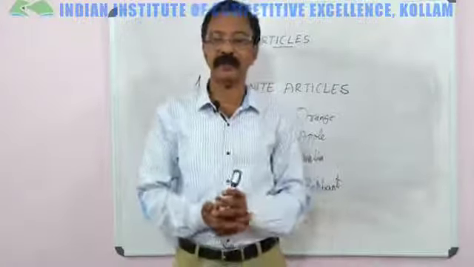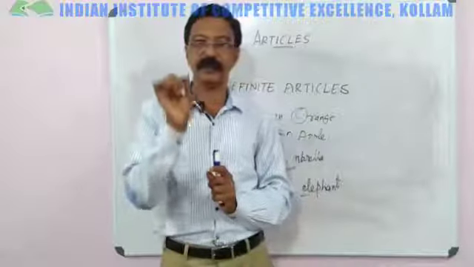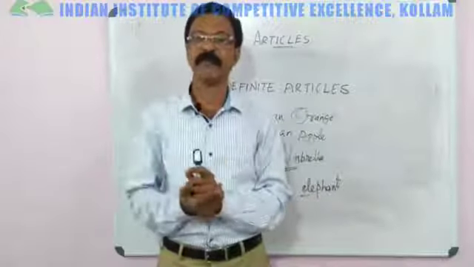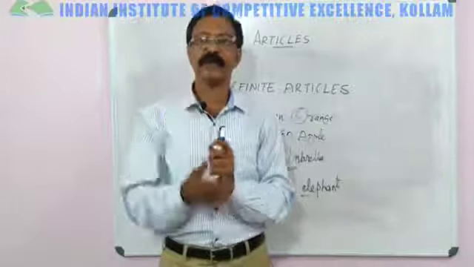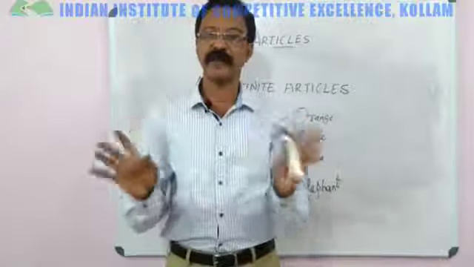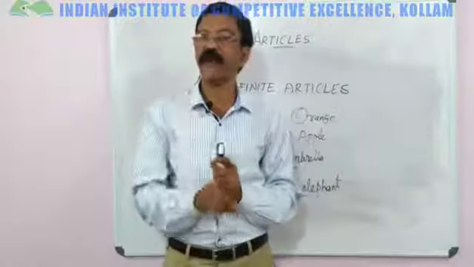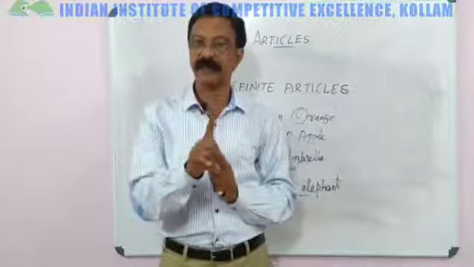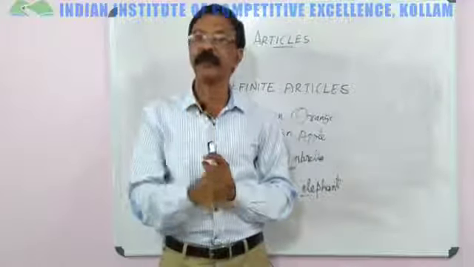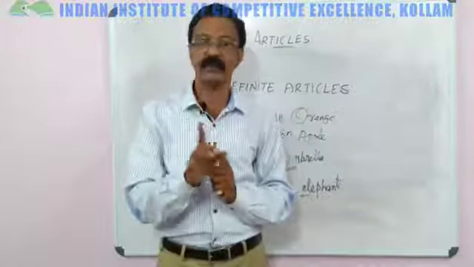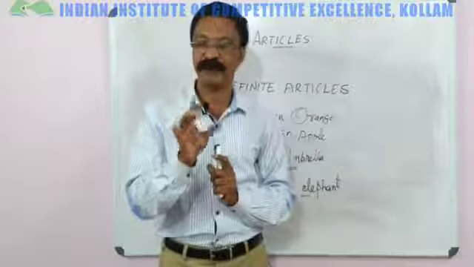And an is used with those singular countable nouns starting with a vowel sound, not vowel alphabet, vowel sound. Make it clear, keep it in your mind: vowel sound, not vowel alphabet.